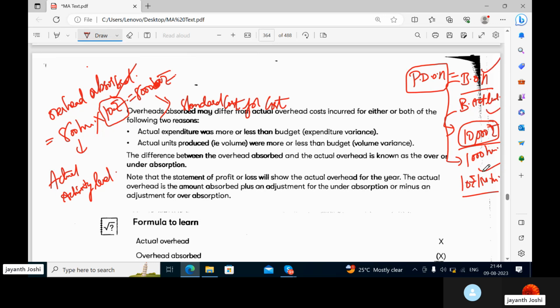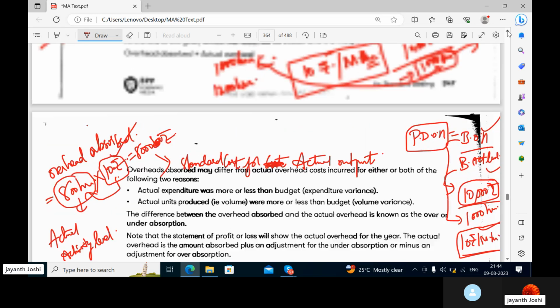So your per machine hour factory rent is 10 rupees. This is your estimate. You multiplied this standard with actual hours and got the standard cost for actual output. Are you understanding? Yes, sir. Because your actual output is the machine working for 800 hours, and standard cost is 10 rupees. So this is what you have found out. It's called overhead absorbed.